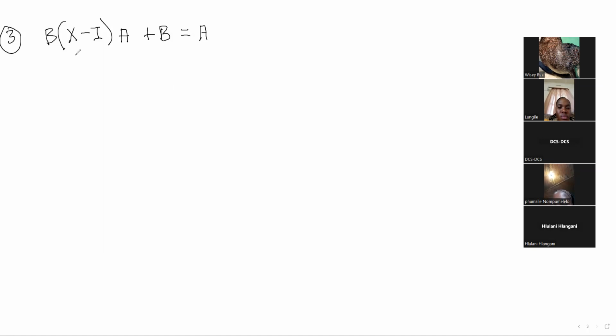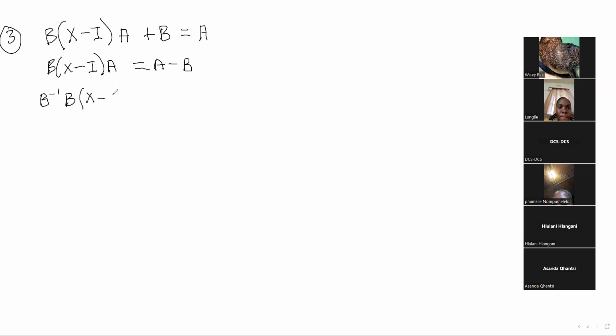It's the same thing. I need to be left with X. I'm looking for X. I'm going to take everything to the other side, starting with the B. And you leave this as it is. Is equal to A minus B, right? And then now, in order for me to be left with X here, the first thing I need to do is to remove this A and to remove this B. I'm going to start with the B. I'm going to multiply on both sides.